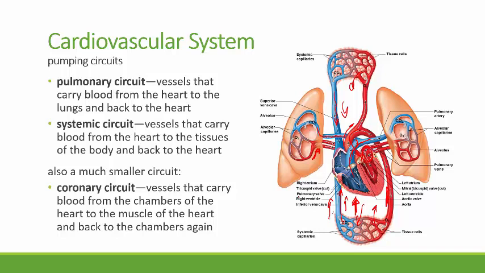Or I should say at least that they are not permeable enough to the movement of oxygen that the muscle of the heart gets sufficient oxygen just from those connections, or through the lining of the chambers. So we have a system of blood vessels, the coronary circuit, that carries oxygen and nutrient-rich blood out to the muscle of the heart, and then returns the waste-rich blood to the chambers of the heart again.